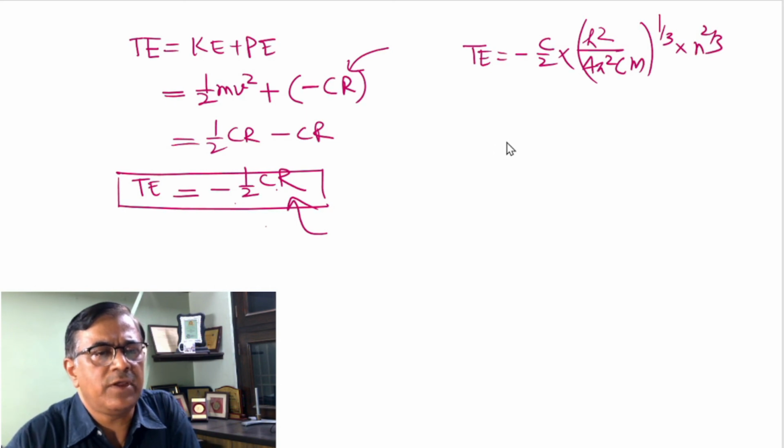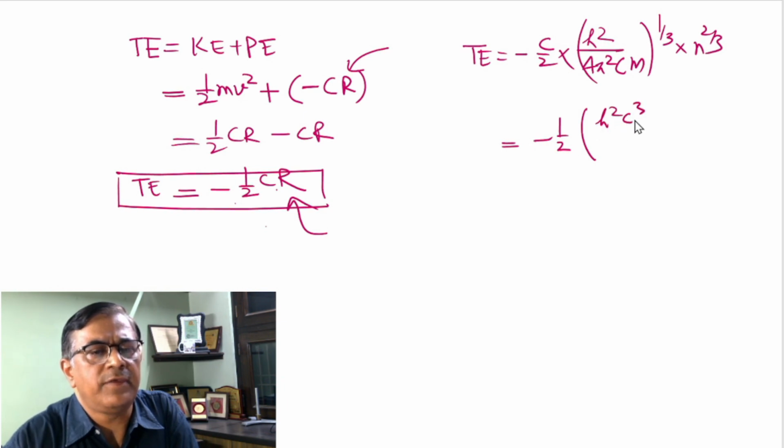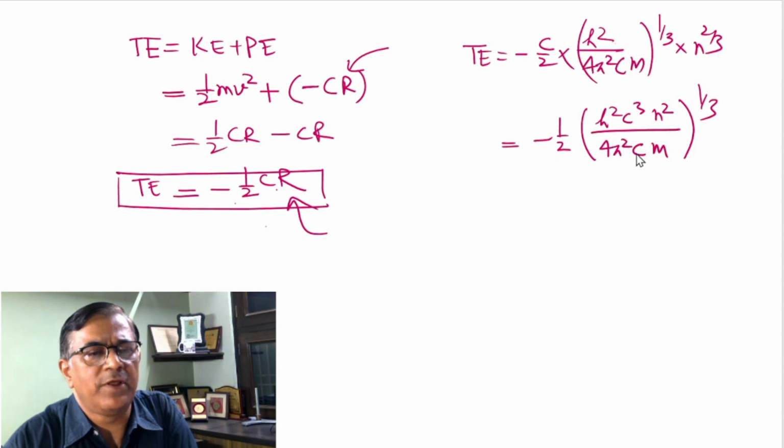And this could be rewritten as, minus half out, then h square c cube, bring this n inside as well, so this will be n square, whole raised to 1/3, upon 4 pi square c m. One c will cancel with one c, c square will be left, and this equals minus half h square c square n square by 4 pi square m raised to the power 1/3.